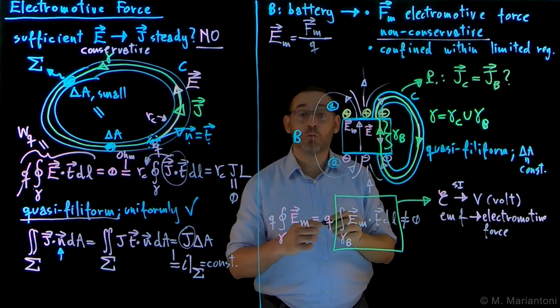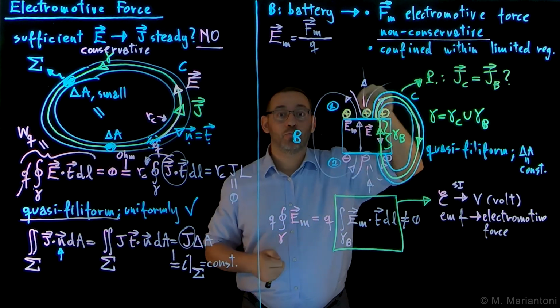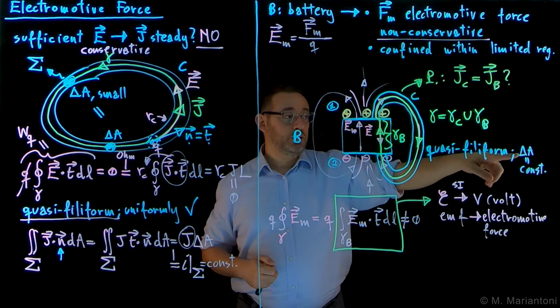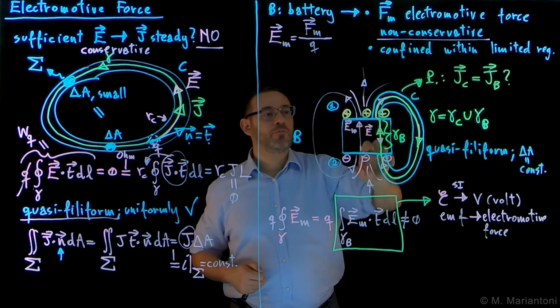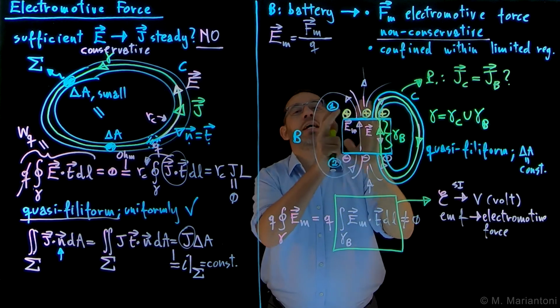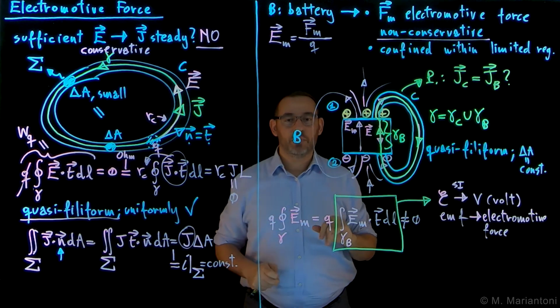I want you to answer that, or at least think about that, before watching the next video. Remember that I'm using a constant cross-section with a quasi-filiform wire, and this battery, I also assume that it's very small, so everything is uniform and simple. That's it.